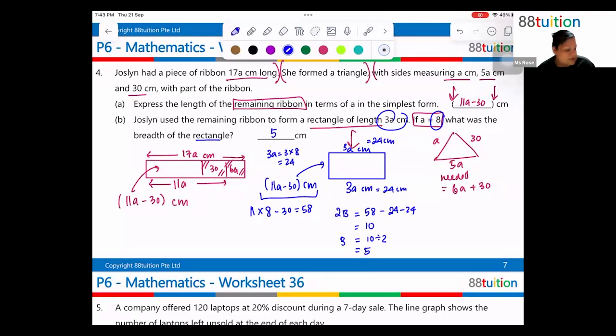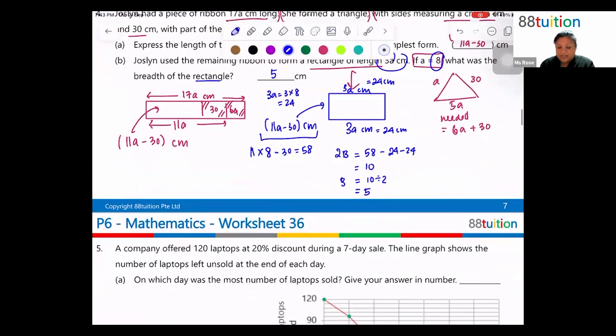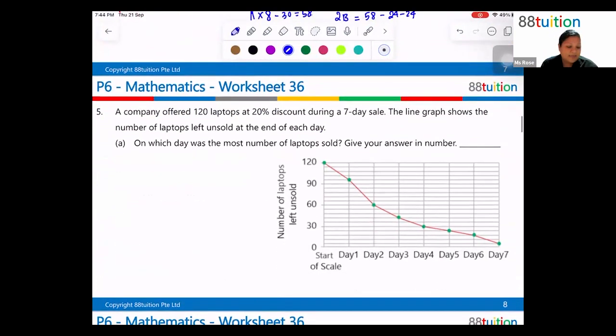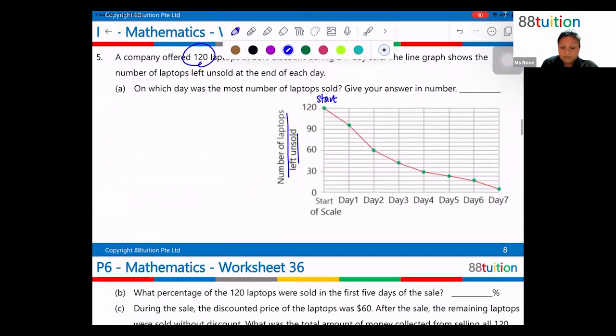Okay, let's look at the graph. Now, when you have a graph question like this, it's important that you identify what is given in your axis. So in this case, the axis tells you the number of laptops left unsold. So you start with 120 laptops.